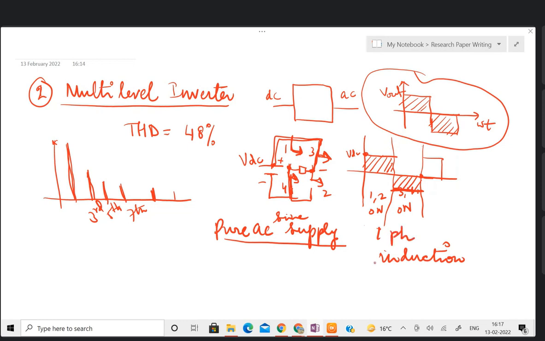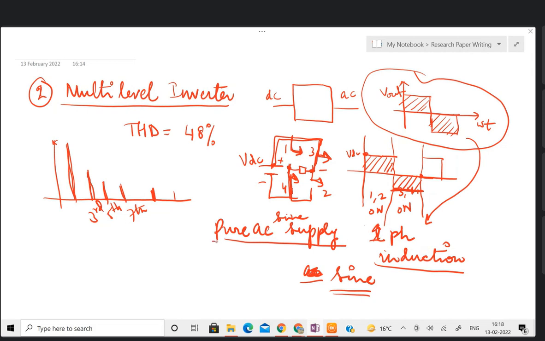We require a sine wave as input. If sine wave is not there and you give a square wave to a single phase induction motor, then definitely there would be some issues. The losses will increase in the induction motor, it will produce noise, and these problems will start coming.